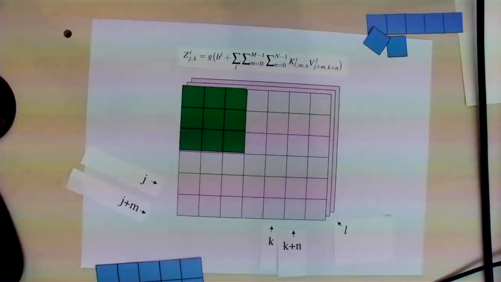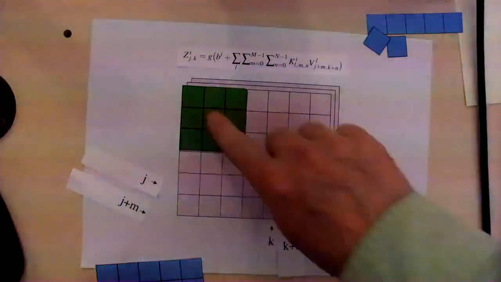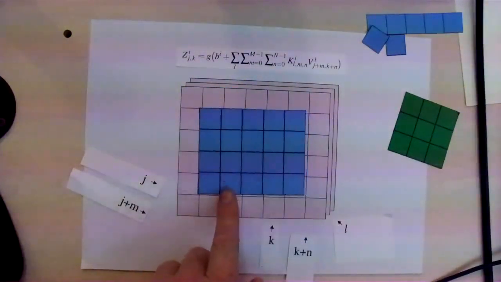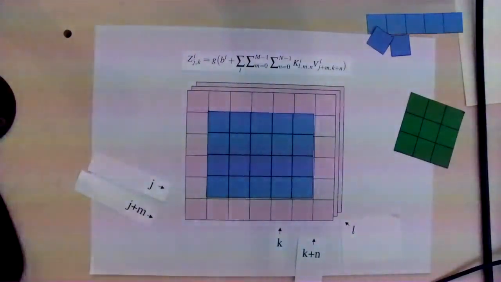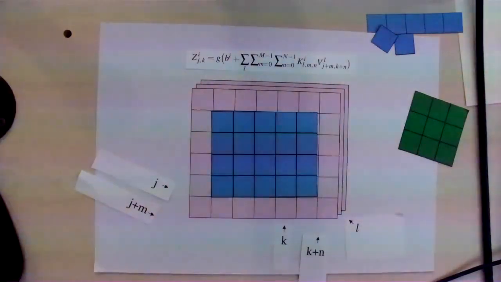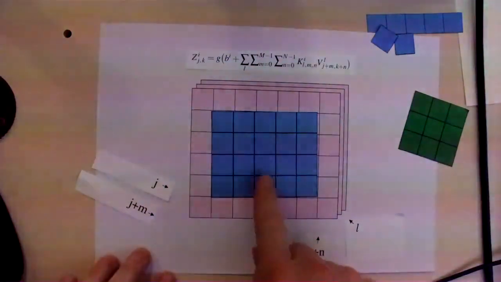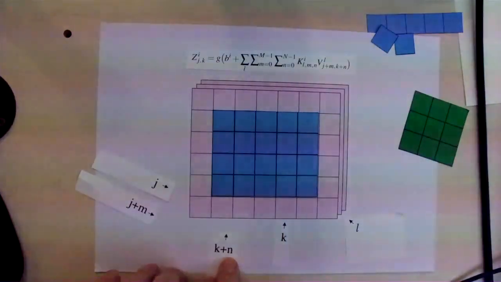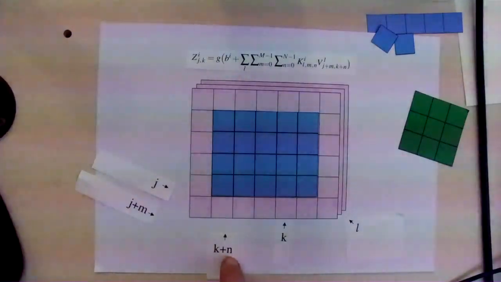Yes? Okay, so these are good questions. The question was, should the blue thing be here or should it be here? The answer is, conceptually, we think of it as being here in the middle, but computationally it's more convenient if this index n goes from 0 to something rather than going from minus.